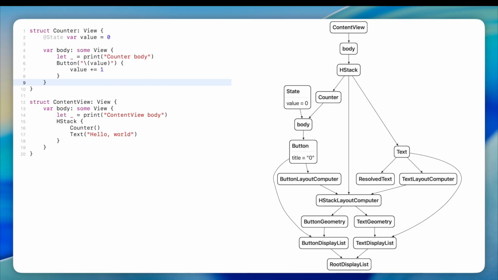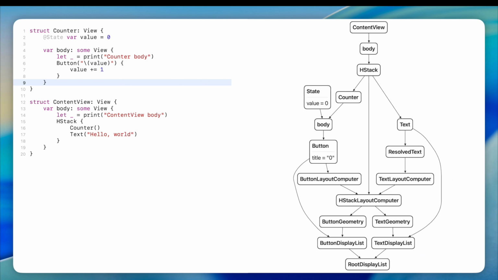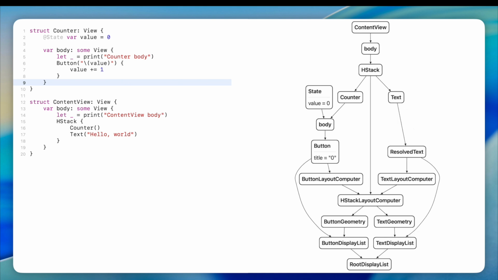And so out of the text, we get a resolved text. That's the new node there. And this resolved text depends on the text. If the text changes, we also need to recompute the resolved text. And that's actually the value that's used for the layout computer, right? Not the text itself. Likewise, currently the text has an arrow going out to the display list. And of course, that should be from the resolved text to the display list.